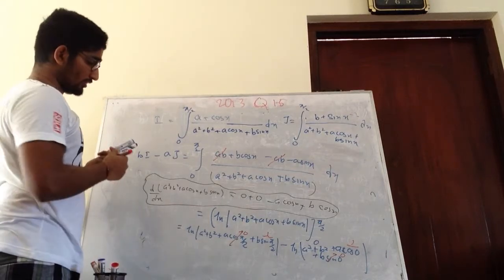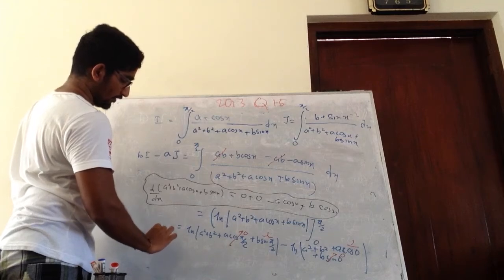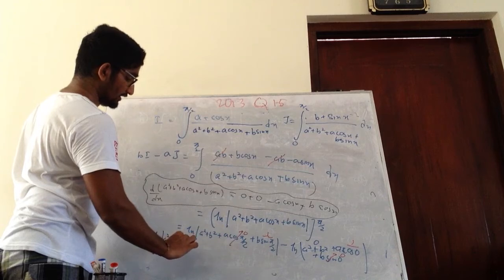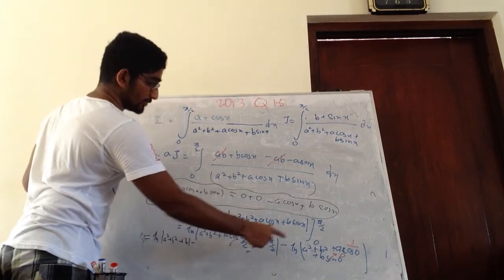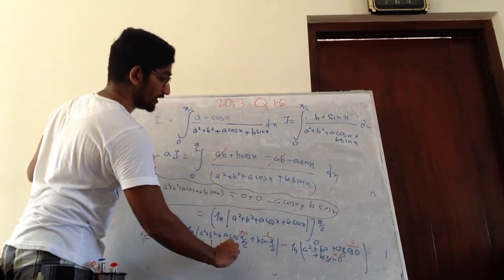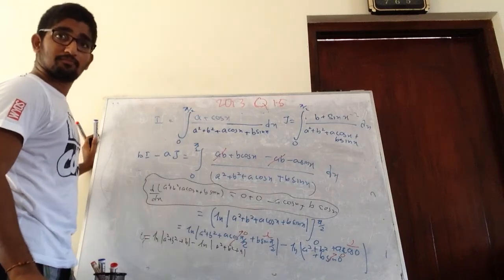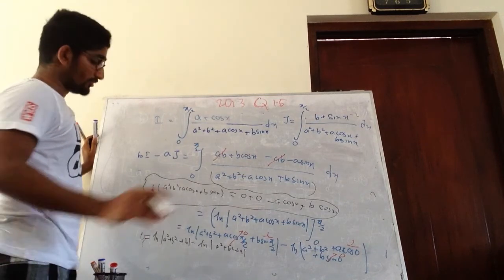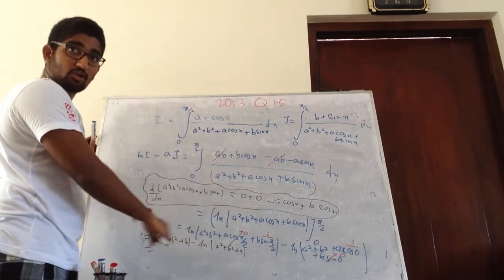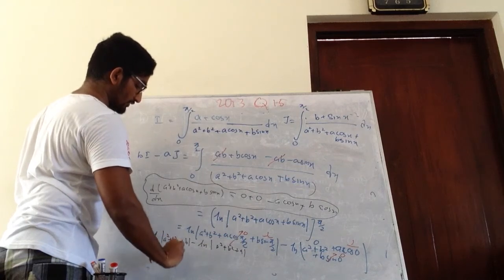So you will get ln of a squared plus b squared plus b, minus ln of a squared plus b squared plus a. Because it's a log reduction, you can always write this as a single log.